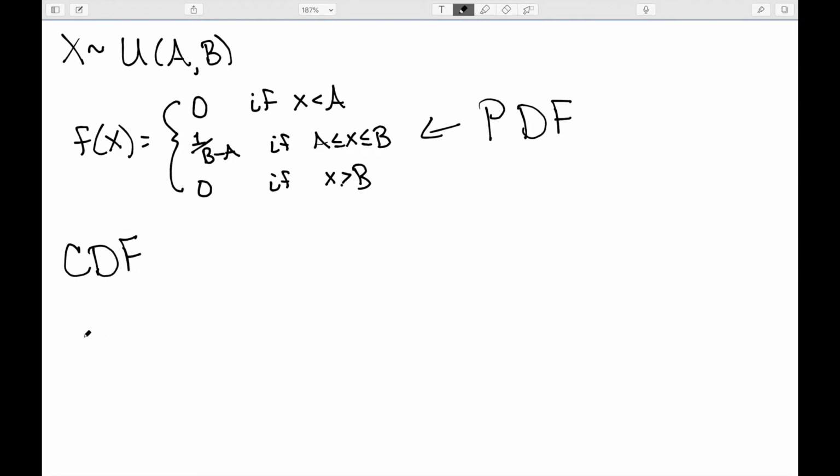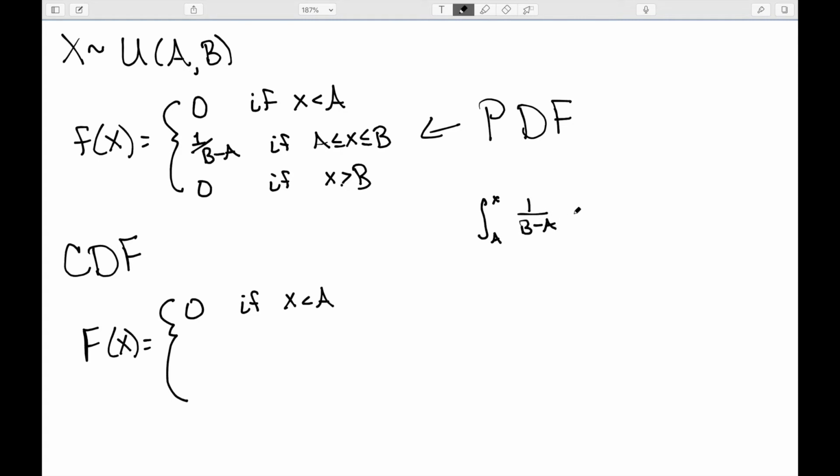The CDF is going to, once again, be a piecewise function. The first piece of this, the integral of 0 is just 0. For the next piece, we are going to need the integral from a to x of 1 over b minus a dy.